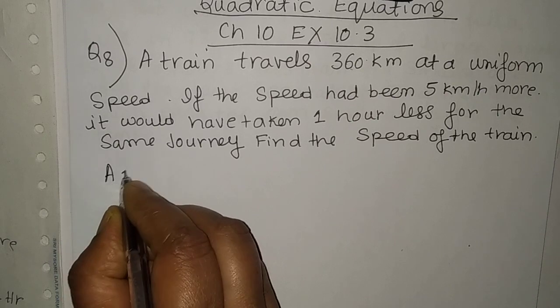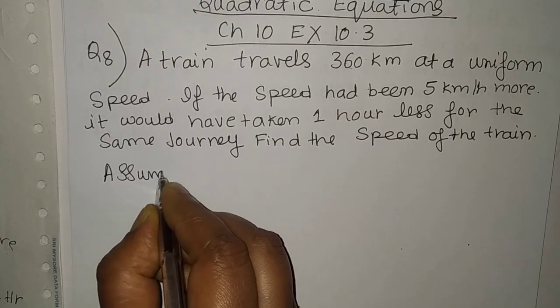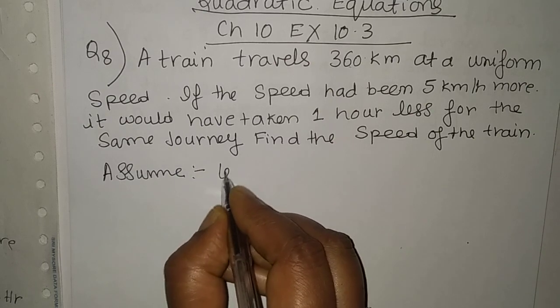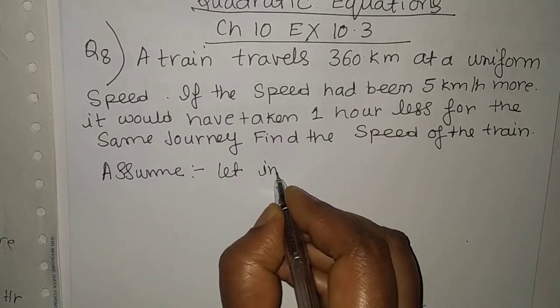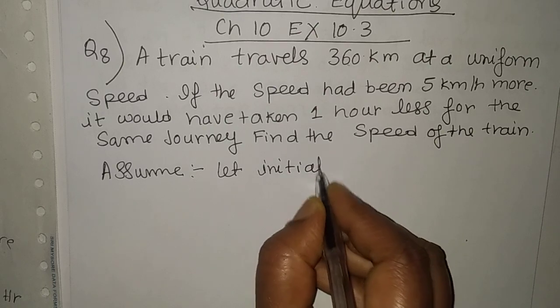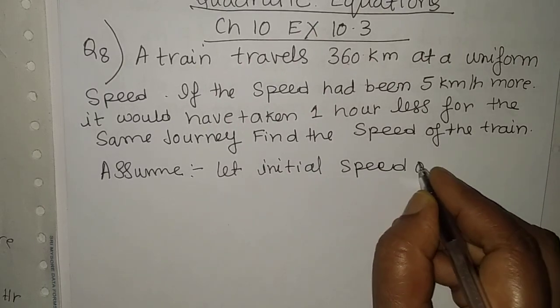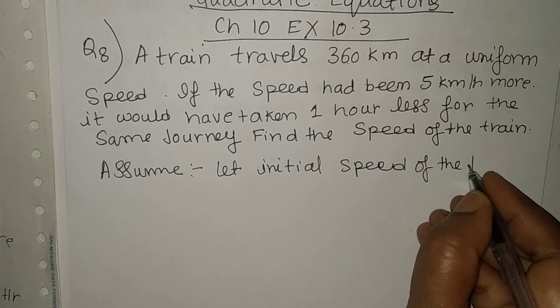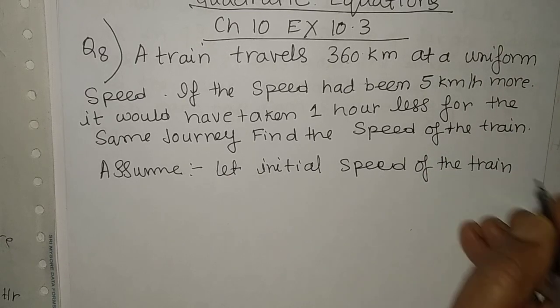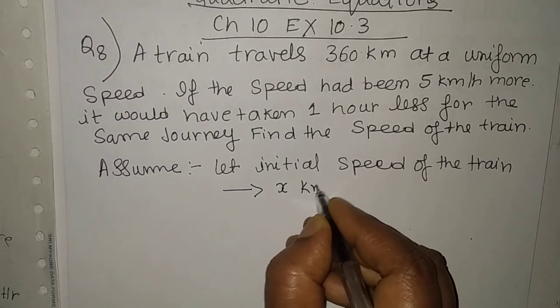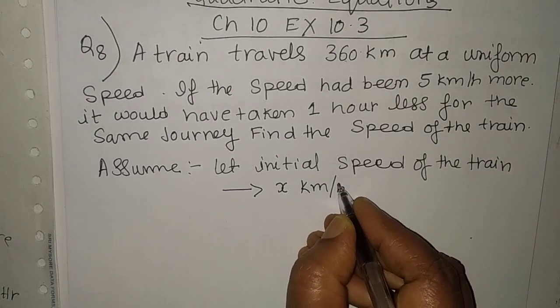First we have to make an assumption. Let the initial speed of the train be x kilometers per hour.